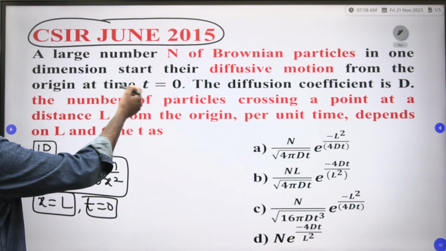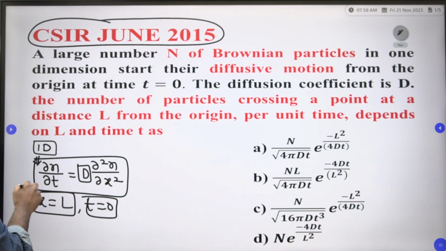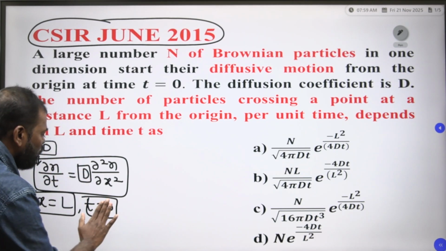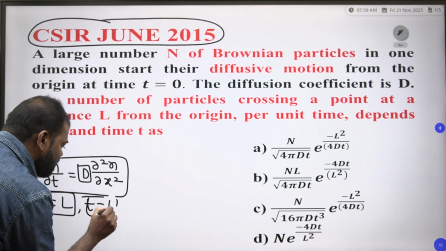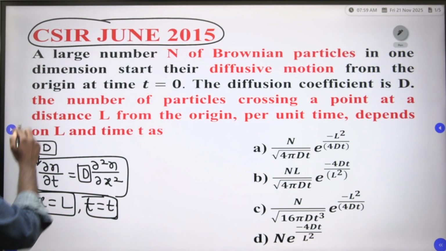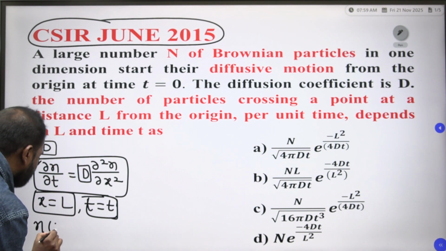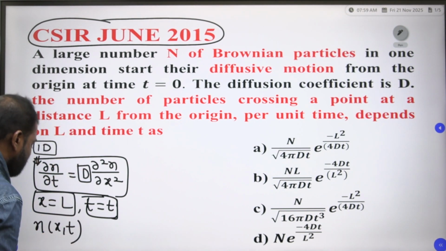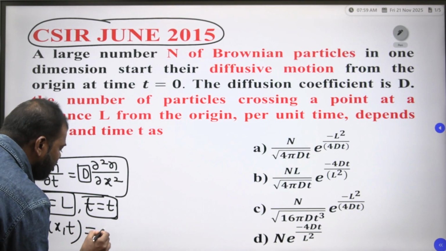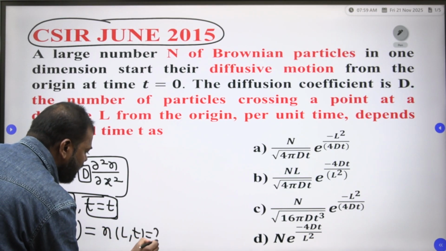At t = 0 that is the origin, and it starts from the distance x = L. So for the particle crossing the point, you also have to consider t. Now what they want to ask is the number of particles n(x, t). What is n(L, t) equal to? That is what they are asking.